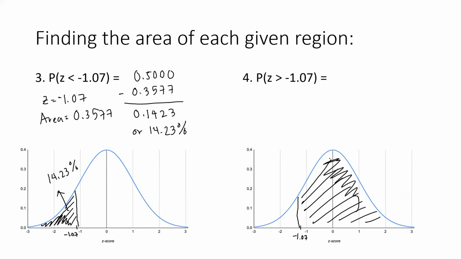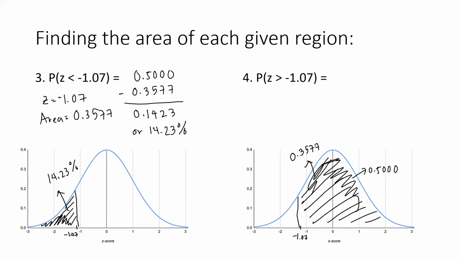So the right portion must be shaded. Since the other half has been completely shaded, we can easily tell that the area that corresponds to z equals negative 1.07 must be added with 0.5000.